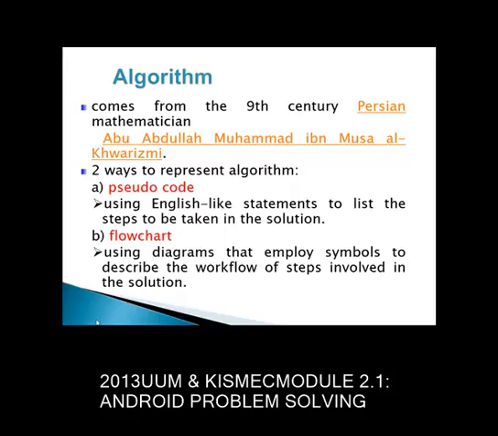It is not a programming statement, it is English-like statements that tell the process, the steps. Or you can use a flowchart. A flowchart uses a diagram that tells the step by step to solve the solution, or if there's any bifurcation that describes any choices, left or right, yes or no.